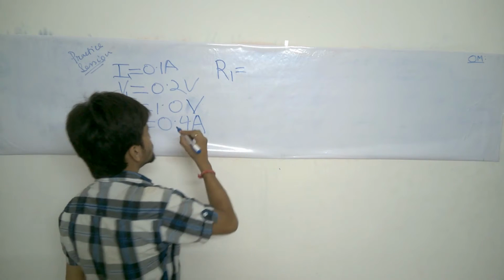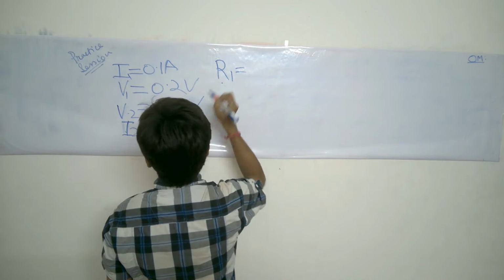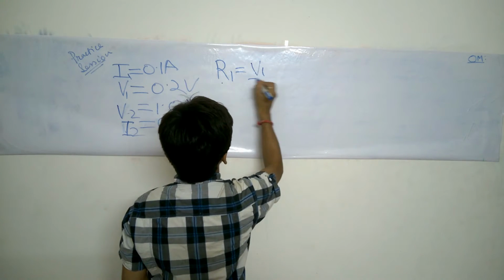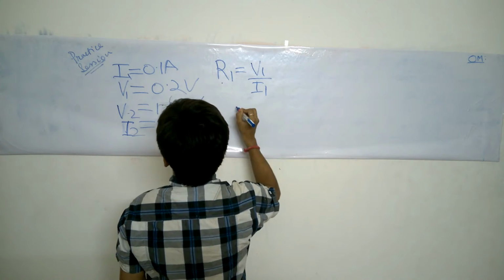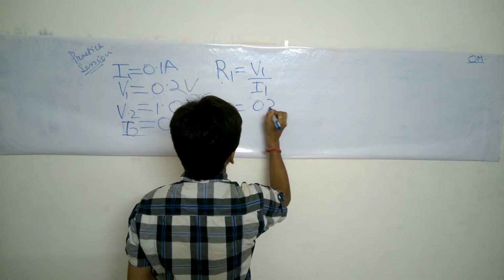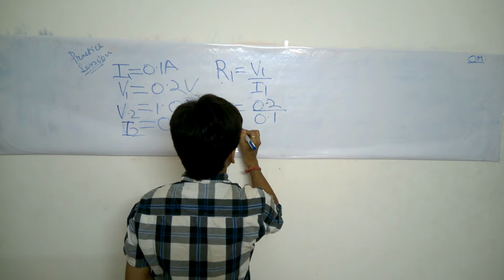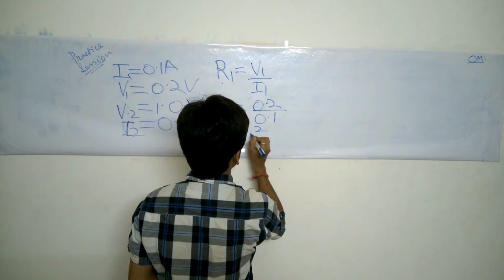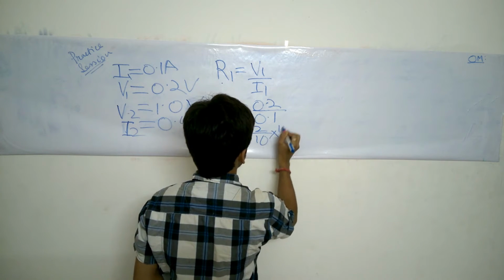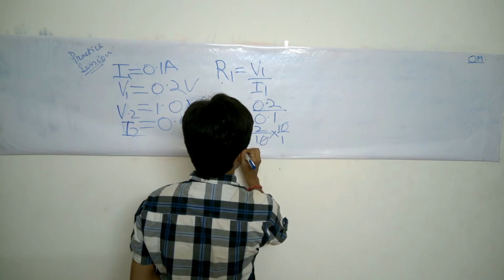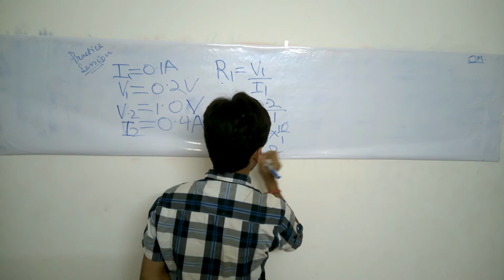So now we will move on to the solution. For the first case, resistance is V1 by I1, that is 0.2 volt by 0.1 ampere. By calculation, that is 2 ohms.